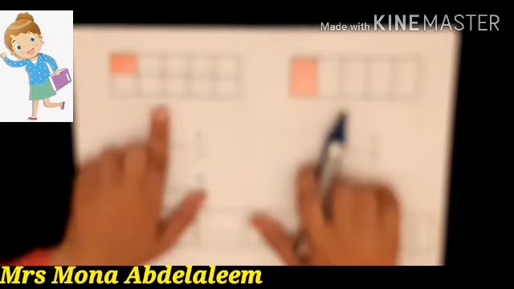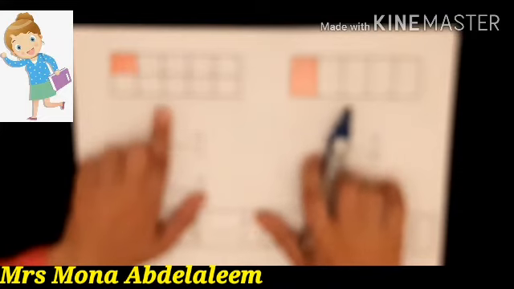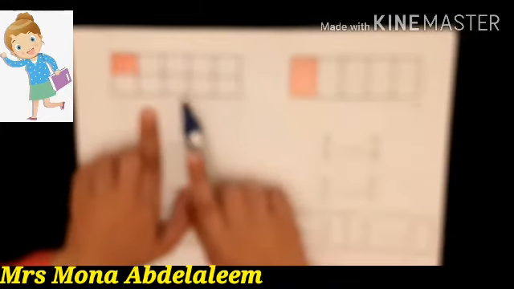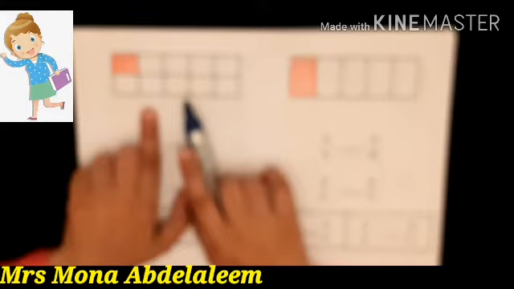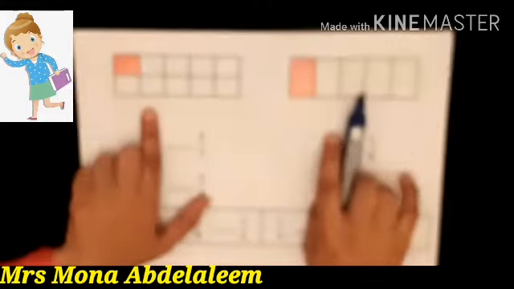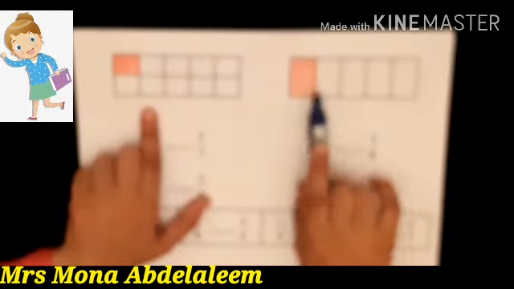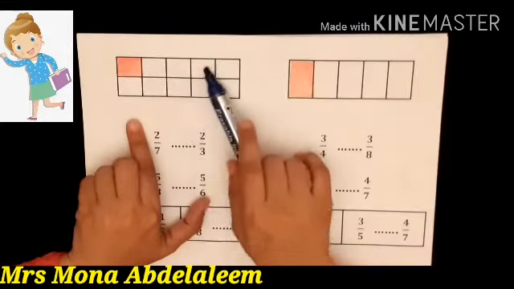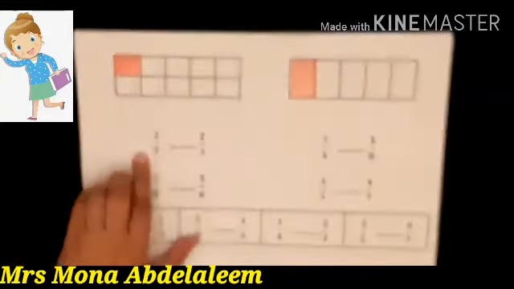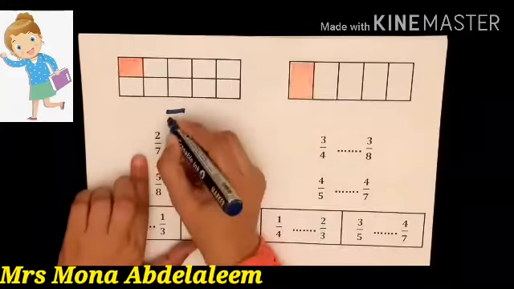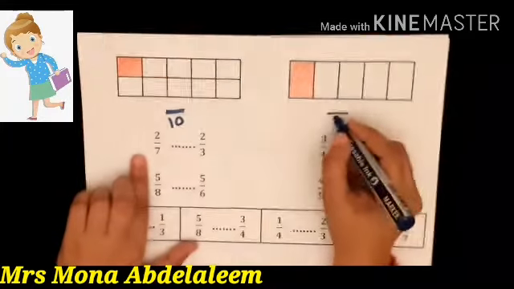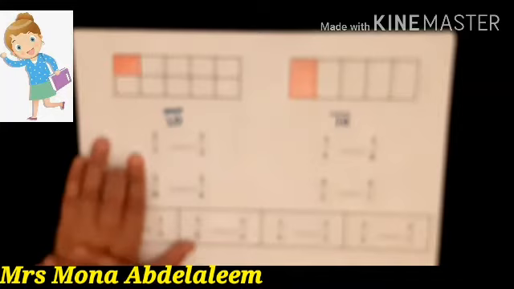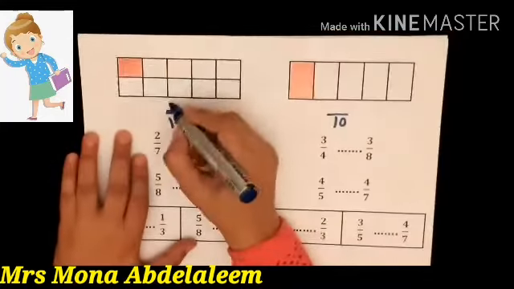Look at the two rectangles. The two rectangles are equal. The first rectangle is divided into 10 equal parts, and the second is divided into 5 parts. 1, 2, 3, 4, 5. 1, 2, 3, 4, 5, 6, 7, 8, 9, 10. So the denominator is 10.